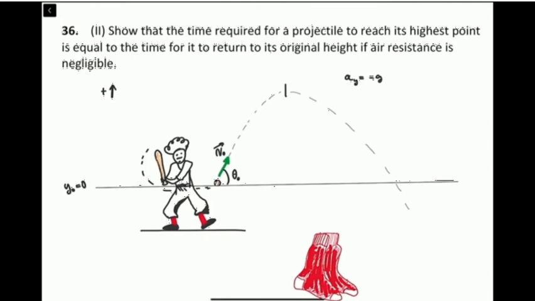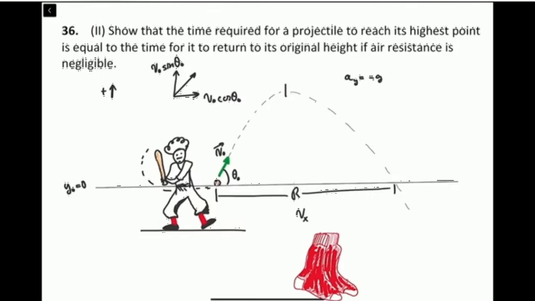We have the velocity in component form, v naught cosine theta, v naught sine theta. We're not going to analyze this problem in terms of range. So at this point, we don't care about the x component of the velocity.